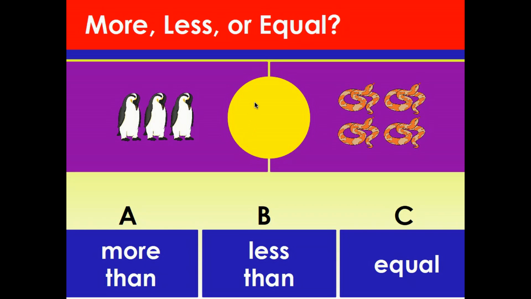So what sign should I put here? Less than sign or greater than sign? Excellent. If you say less than sign, that's correct. Let's do it. This is the right comparing sign, so the correct sign will be less than.